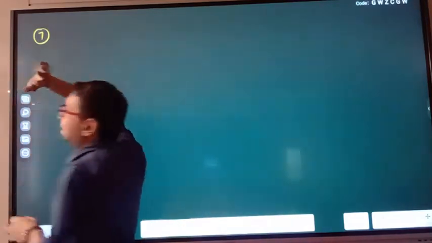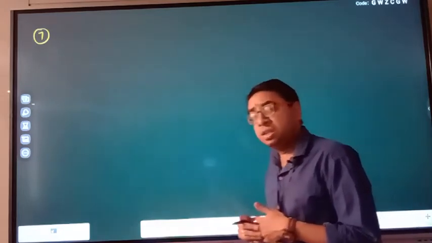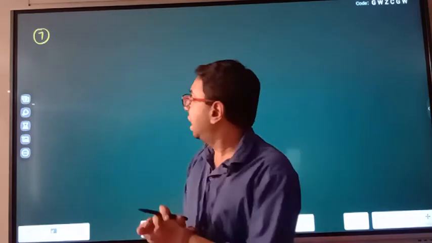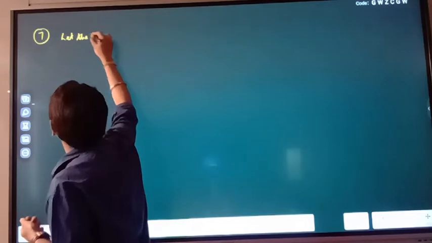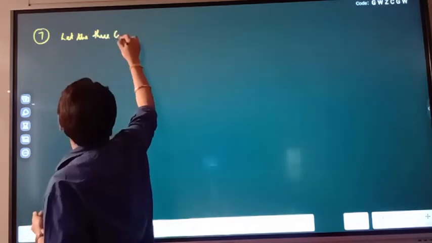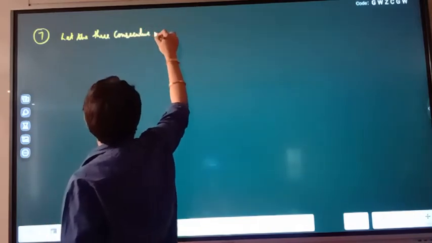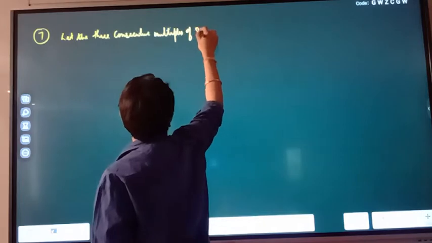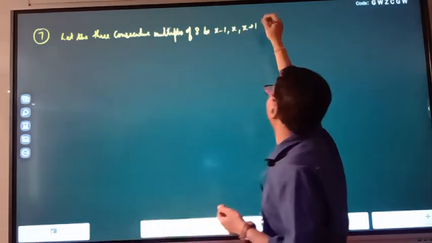So again we can have 3 consecutive multiples. It is not necessary that we will be having multiples like that. We can assume that they are multiplied with 8. For example, again we can have: let the 3 consecutive multiples of 8 be x minus 1, x, x plus 1.